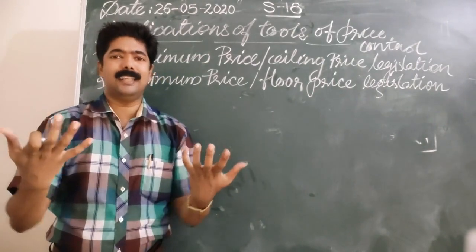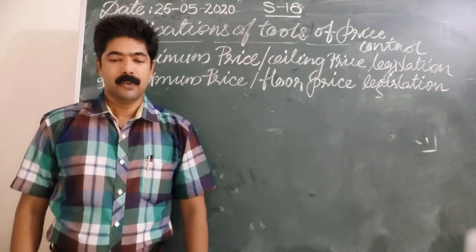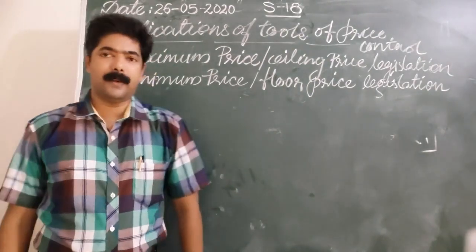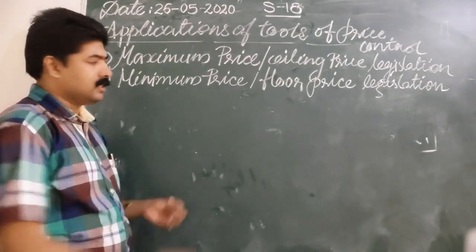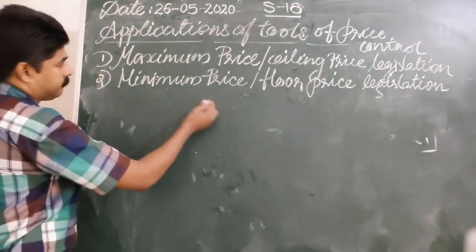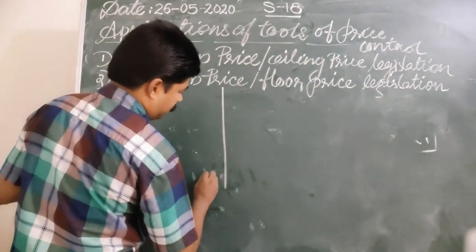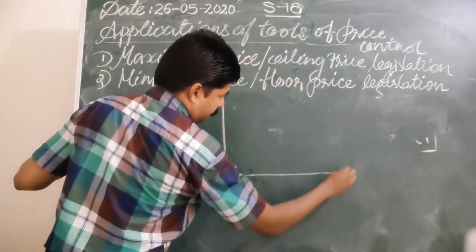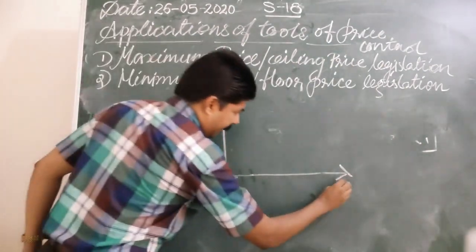Let us understand the implications of the price ceiling. For understanding the implications of the price ceiling, we must draw a diagram. Let us draw the diagram. You can also draw the diagram. OX and OY axes.